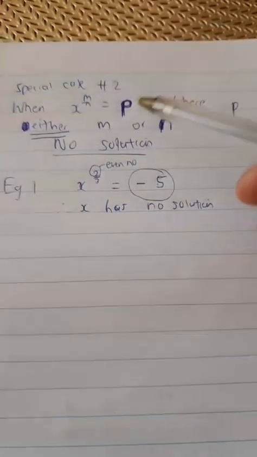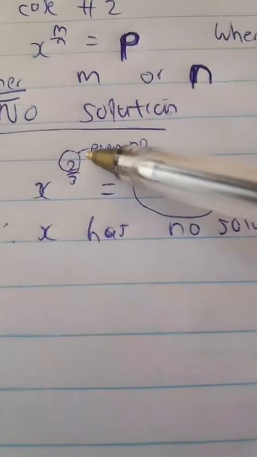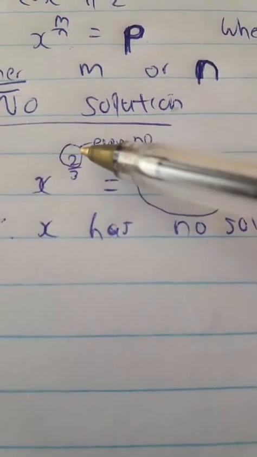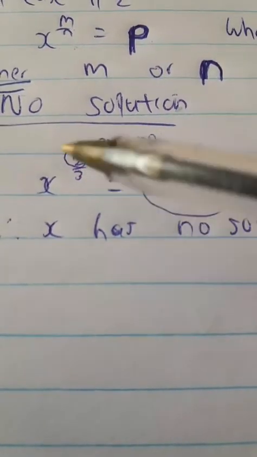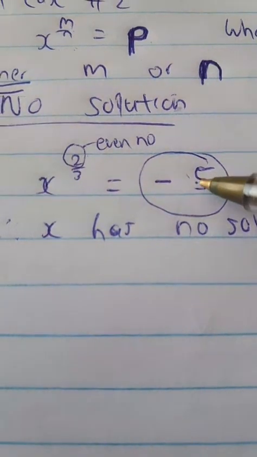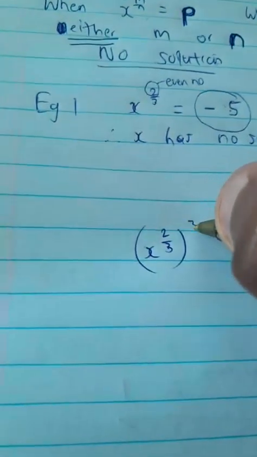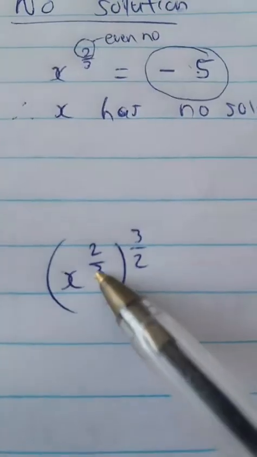Why? Because the case is very clear that if in your rational exponent, either your numerator or the denominator is even, and there's a negative number on the right, then it's out. And maybe some of you may be wondering, why is that the case? Let's just try. x to the power 2 over 3.